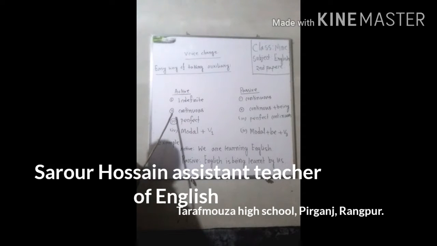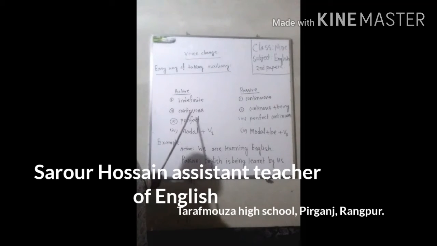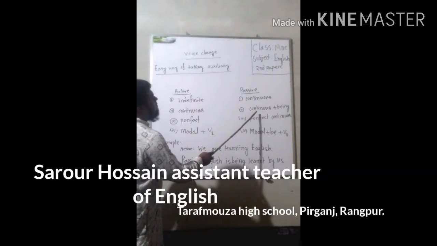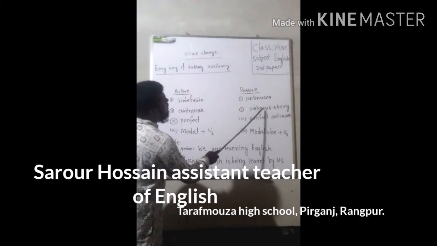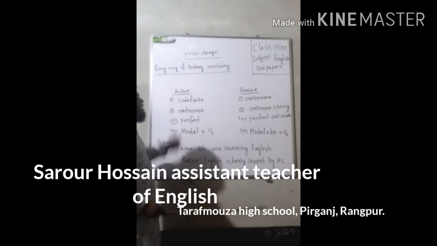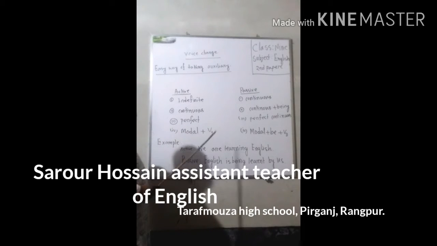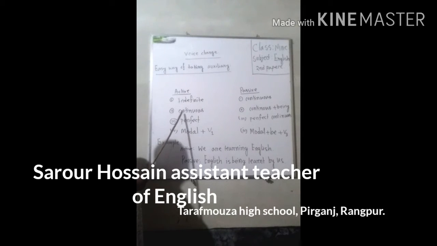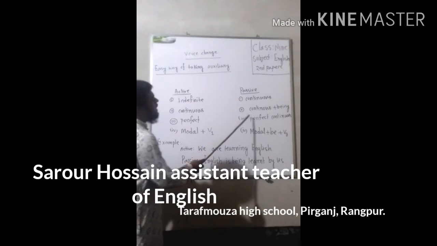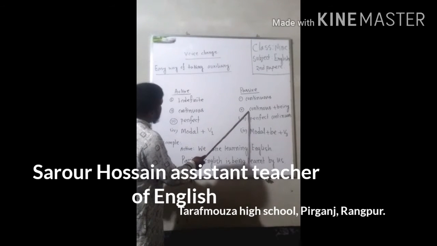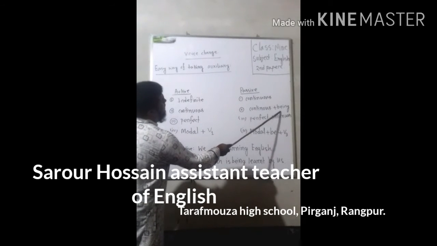Now, technique 2. You can see continuous tense in the passive voice, continuous plus being. I want to make you understand that if we find present continuous tense in the active voice, we have to take the auxiliary of present continuous tense plus being.